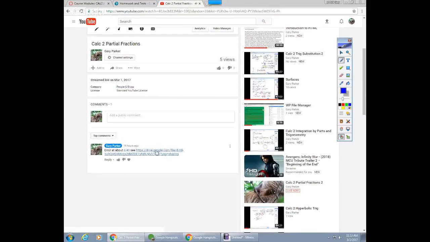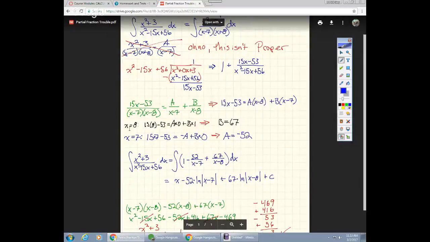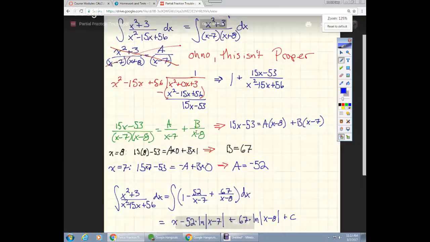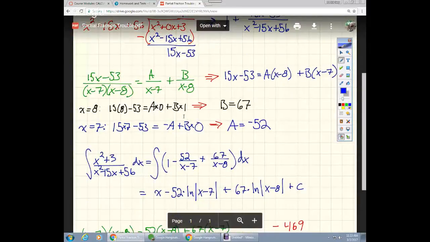I put a note down here that I made an error at 6 minutes and 40 seconds in and posted a link to my Google Doc. I did the convenient value method where I picked x equals 8 and x equals 7, and that led me to the same conclusion that b was 67 and a was negative 52.